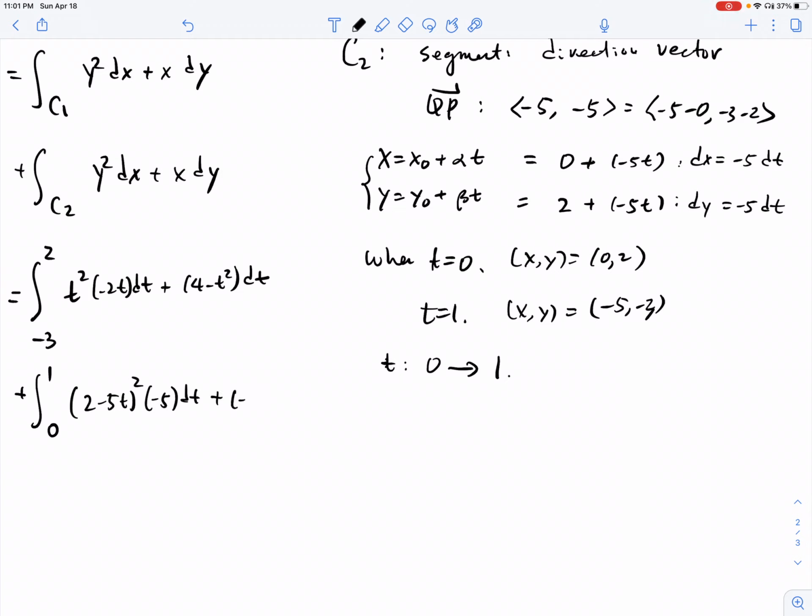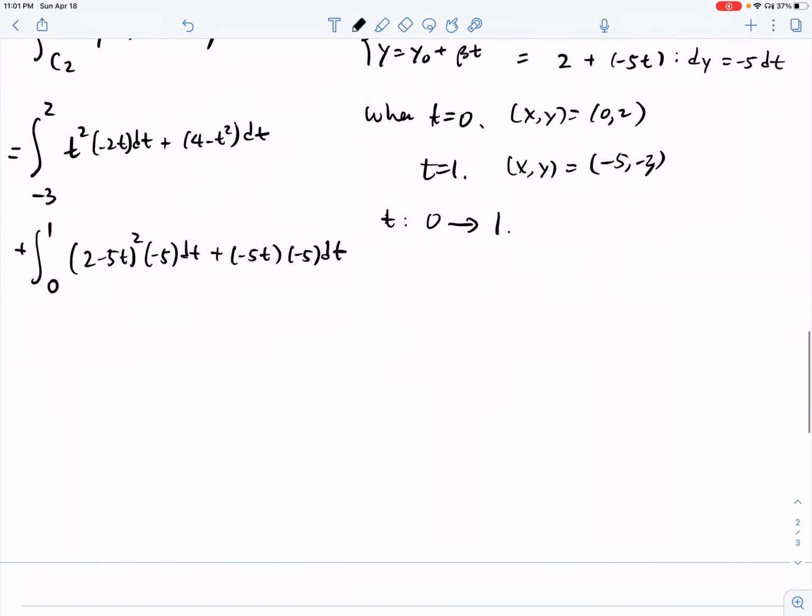X actually is easier, negative 5t, and dy is going to be negative 5 dt. Okay, so now we're going to simplify a little bit. That's going to be the integral from negative 3 to 2 of negative 2t cubed plus 4 minus t squared dt.